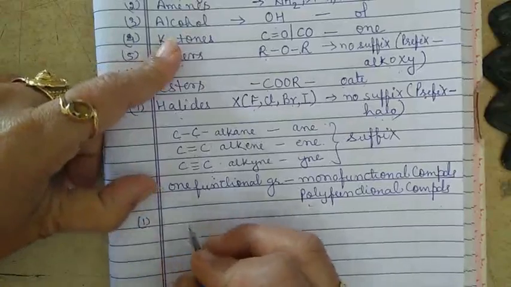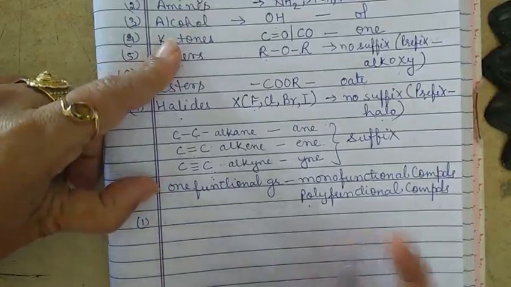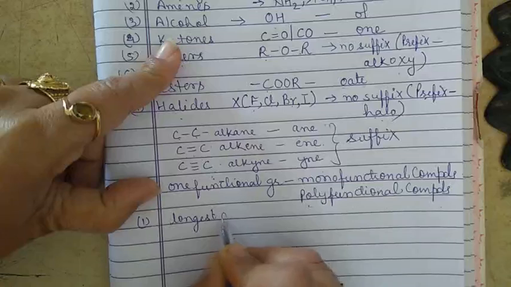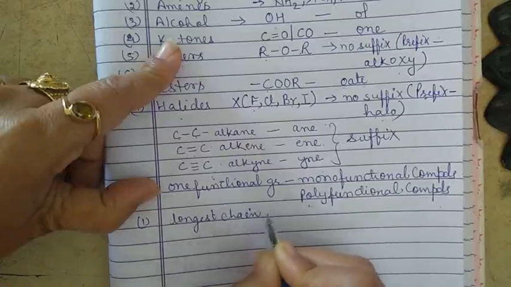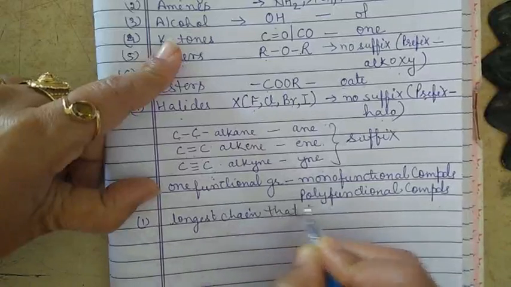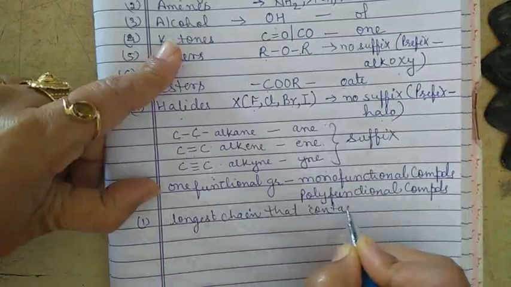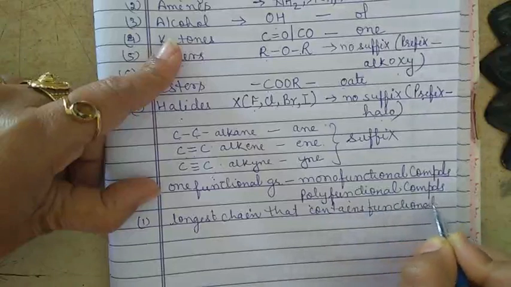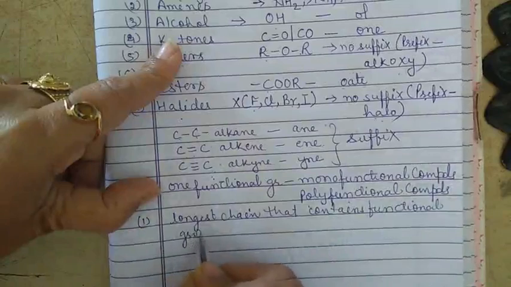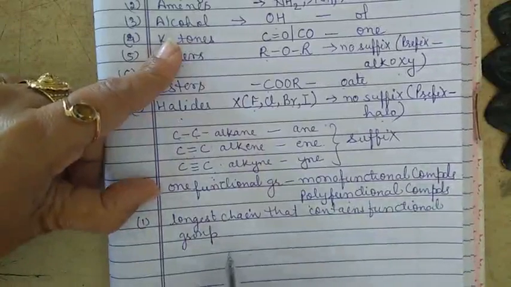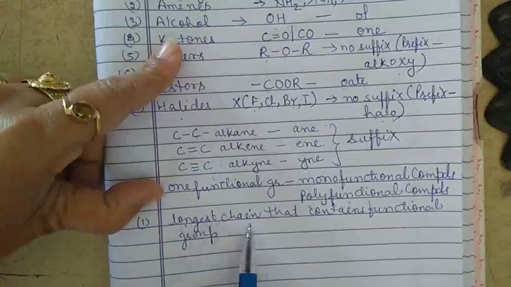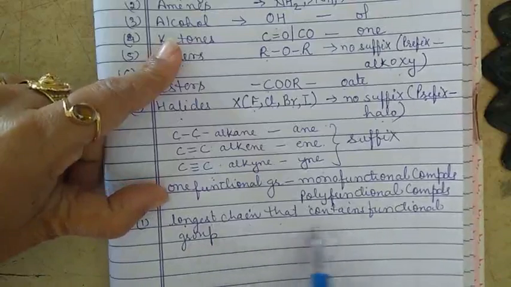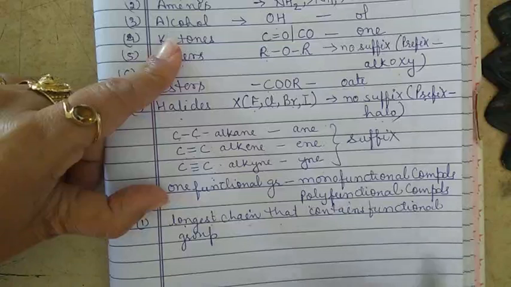The first rule is the same as before: choose the longest chain that contains the functional group, or that contains the double bond.